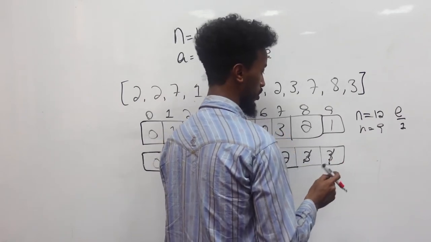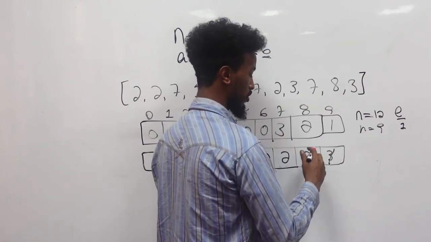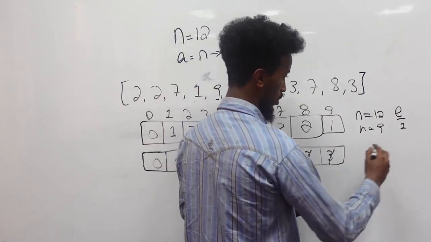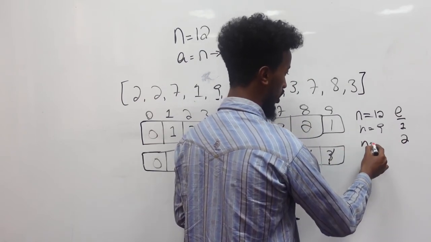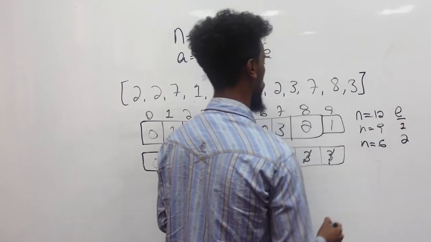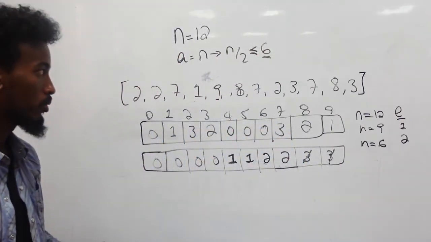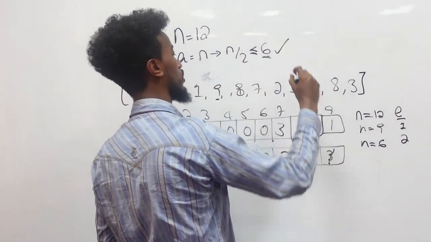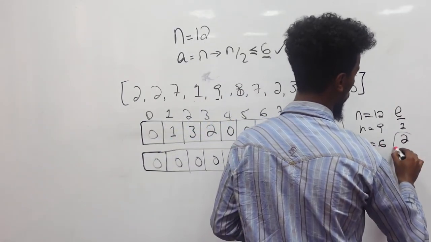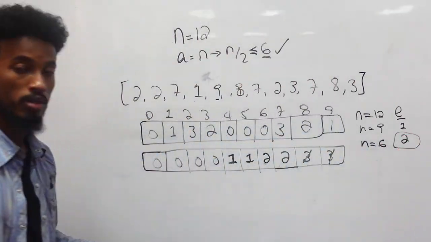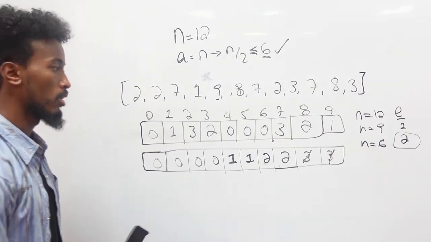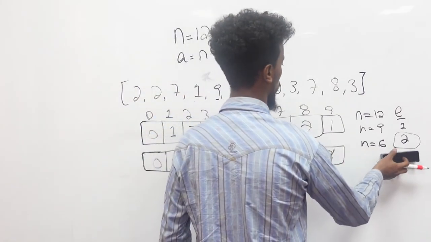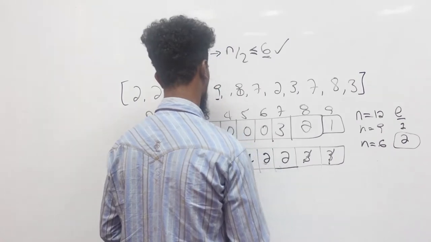We could remove the next bigger element, and n becomes 6. Now this is satisfied. So we use 2 elements and remove their occurrences to make this array half of its size by using the minimum number of elements, and our answer is 2.